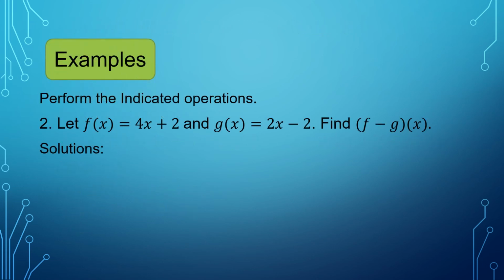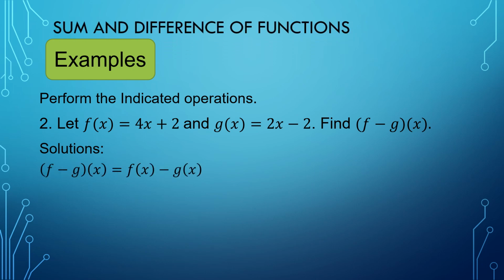Next, we have example number 2. Let f of x be equal to 4x plus 2 and g of x be equal to 2x minus 2. Find f minus g of x. So again, from the given definition, the quantity f minus g of x is equal to f of x minus g of x.